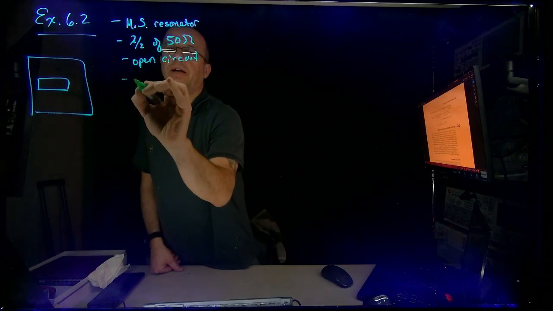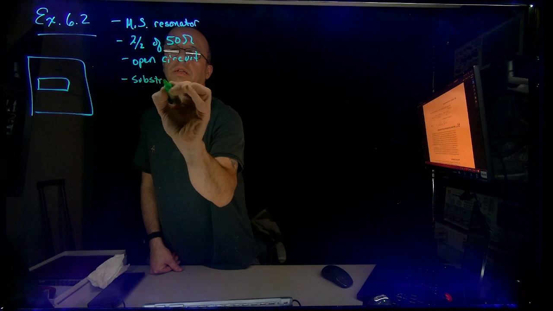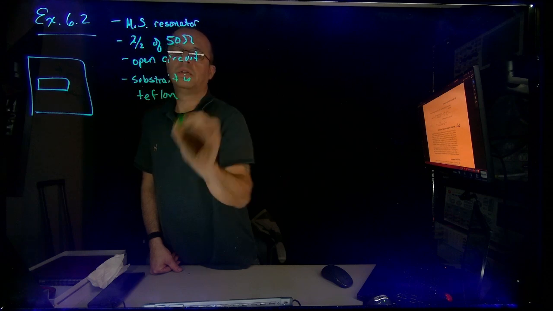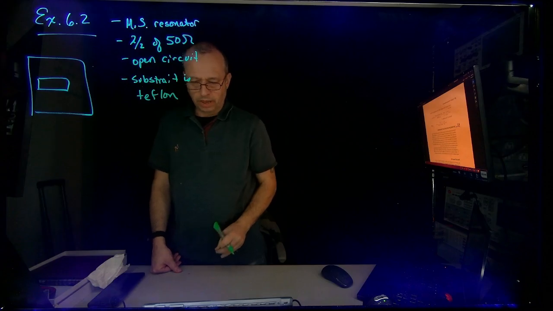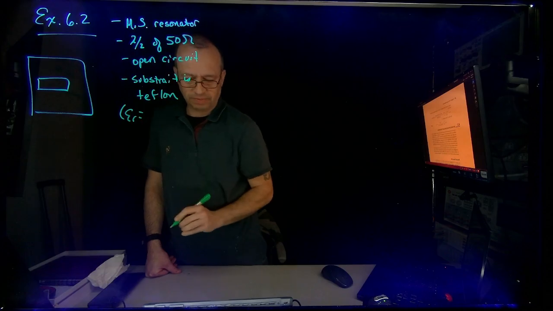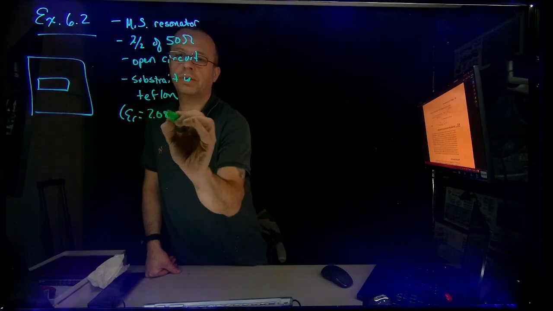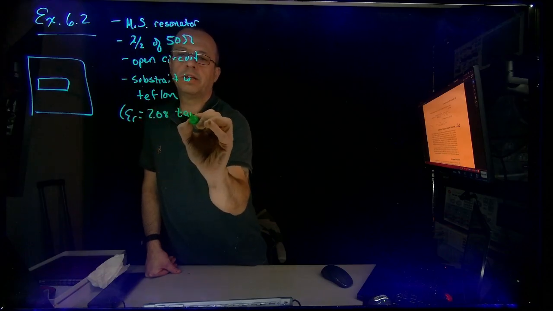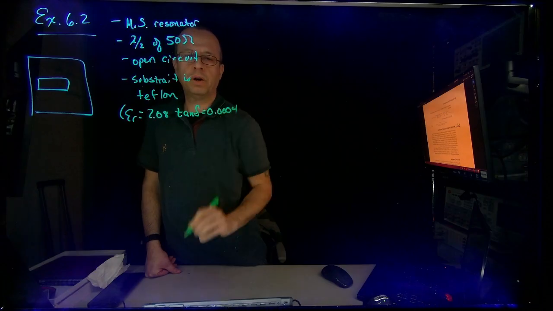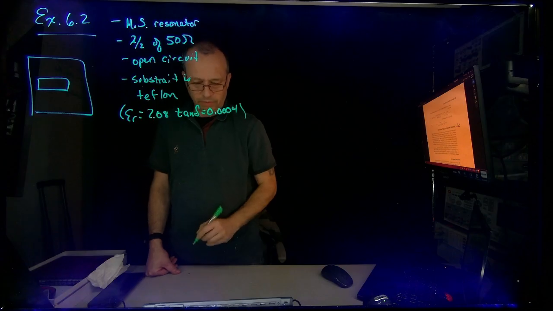We also have the substrate, which is Teflon, and we have this from before. Epsilon R for Teflon is 2.08, and our loss tangent is 0.0004, if I remember that correctly.